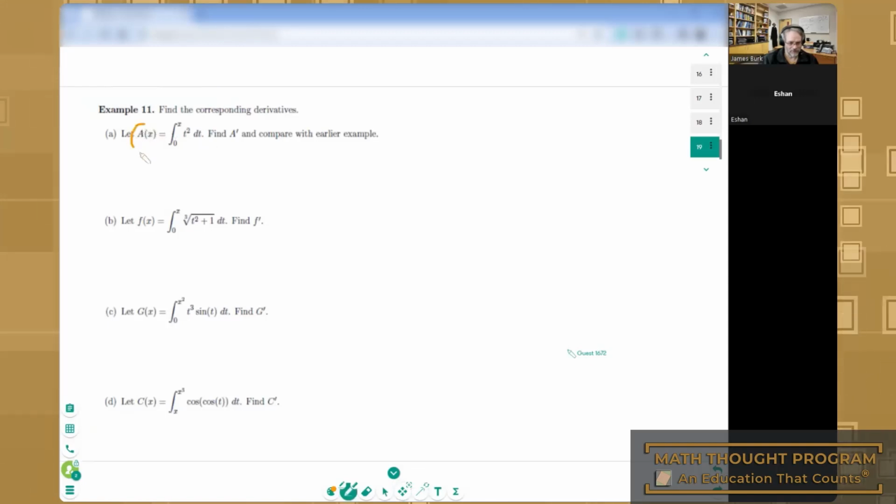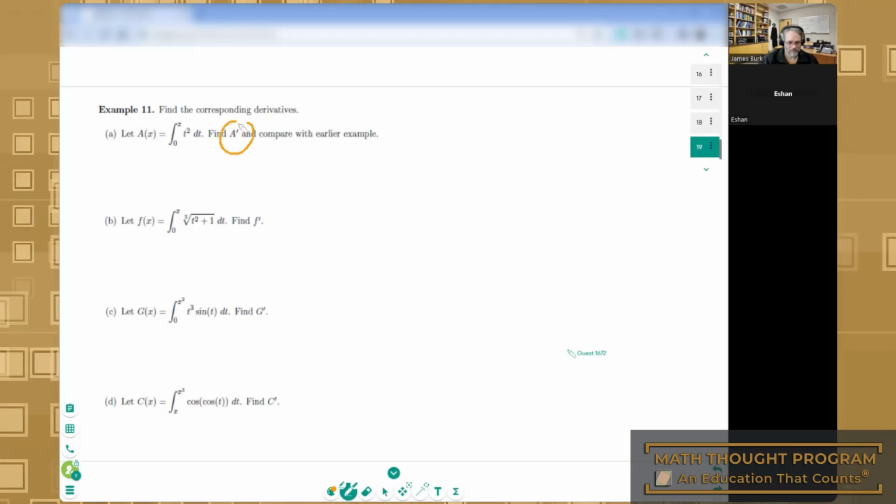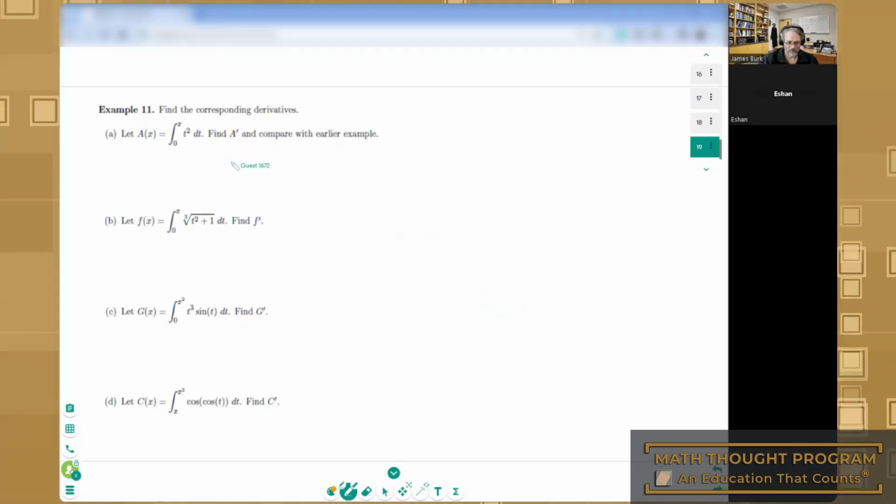Now, here we do have our integral. It's a function, a, and what we're going to do is take its derivative. That's all we're going to do.